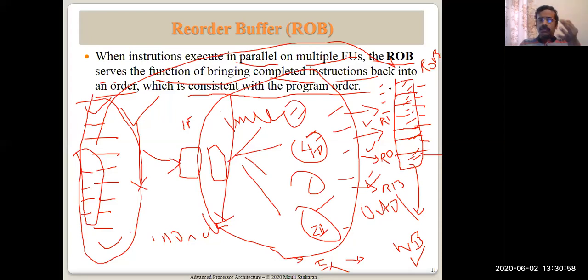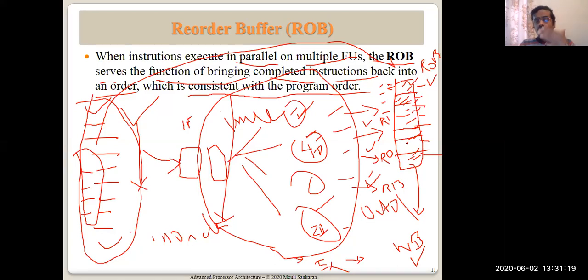Now, assume this is the first time the ROB is being used. The first instruction which came in will be here, it is getting executed, and the result will also be here, and which register it is supposed to go to will also be here. So I keep holding these values and the destination registers in the ROB.